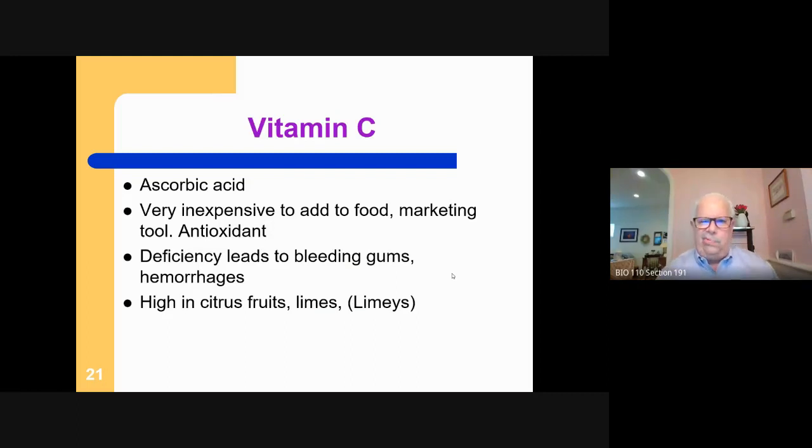The English people who boarded ships were called limeys because to get vitamin C on a 2-month journey, they brought limes with them as a supplement for vitamin C. So that's why they're called limeys.